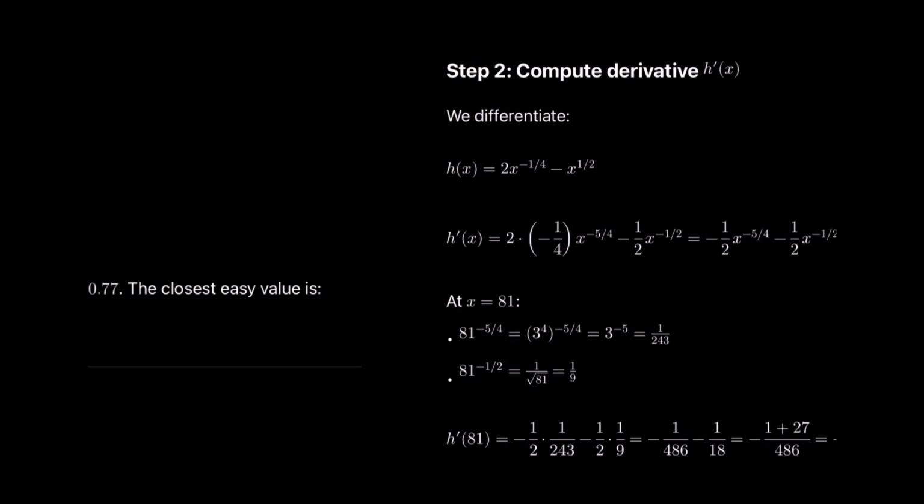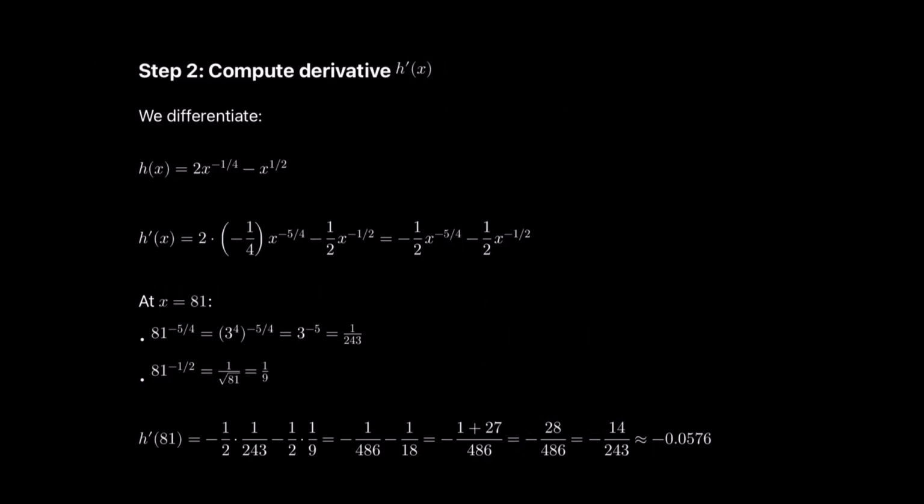H prime(x), we differentiate and we get 2 multiplied by negative 1 over 4 x to the power of negative 5 over 4, minus 1 over 2 x to the power of negative 1 over 2, and we get negative 1 over 2 x to the power of negative 5 over 4 minus 1 over 2 x to the power of negative 1 over 2.